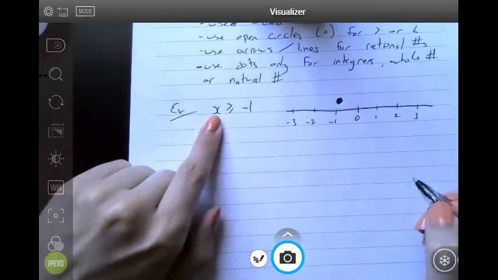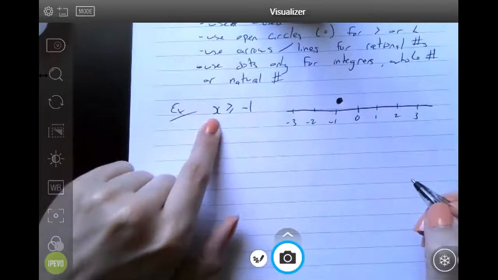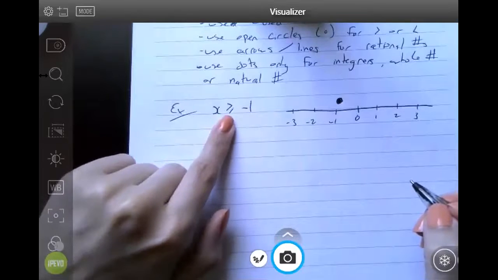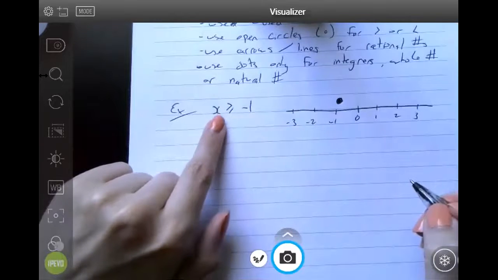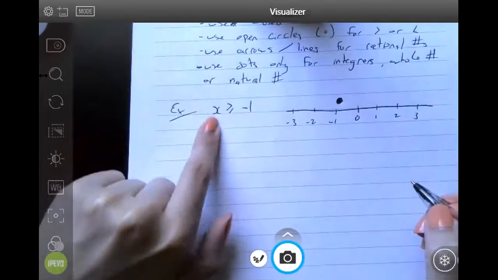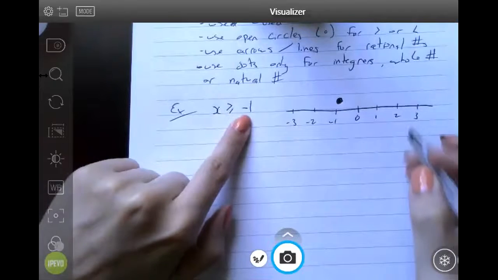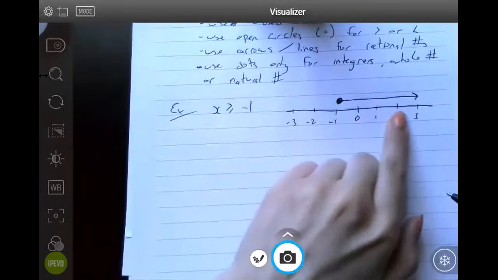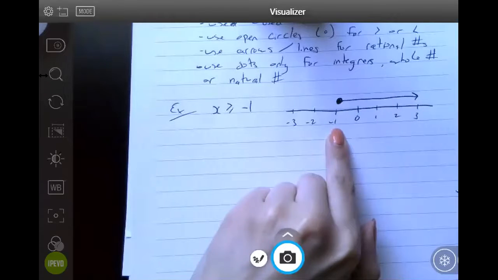Then because our variable is greater than -1, the x is greater than or equal to -1, that means that our arrow points to the right because all of the different possible x values are all bigger than -1. So we have to represent all of these numbers that are bigger than -1.